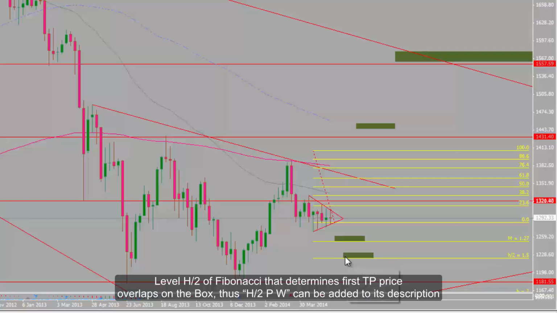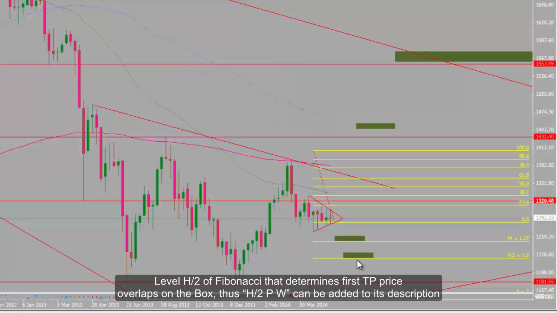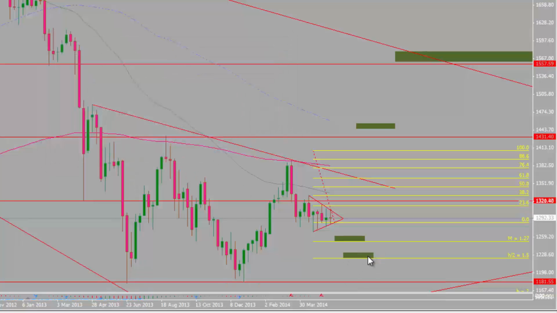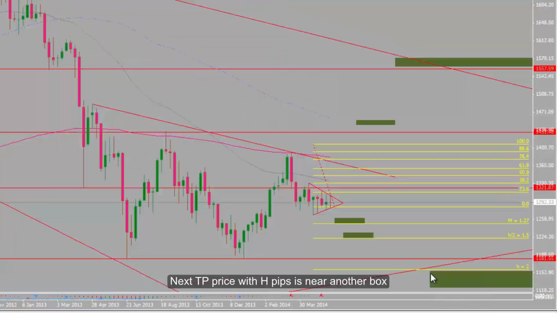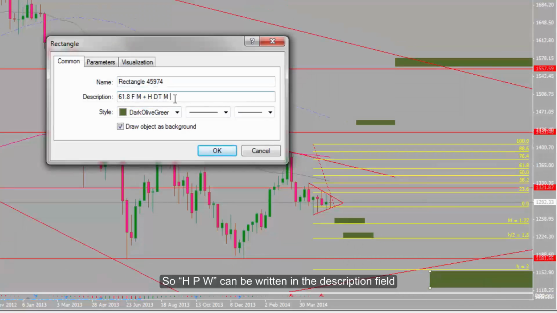Level H2 of Fibonacci that determines the first TP price overlaps on the box. Thus, H2 PW can be added to its description. Next, the TP price with H pips is near another box, so HPW can be written in the description field.